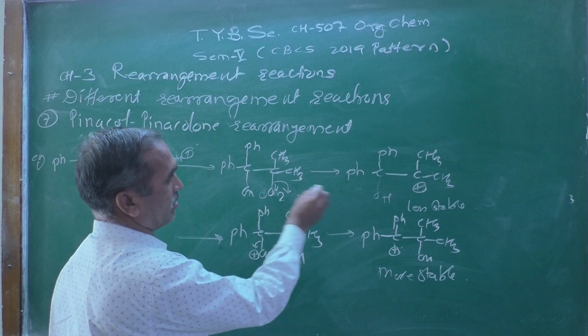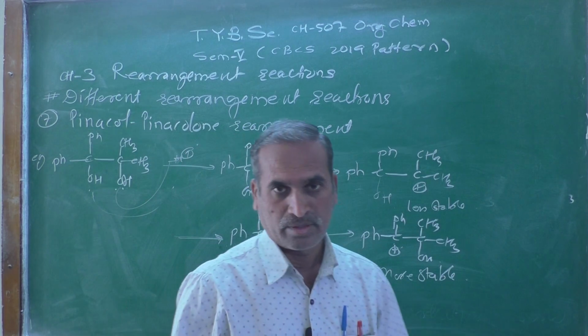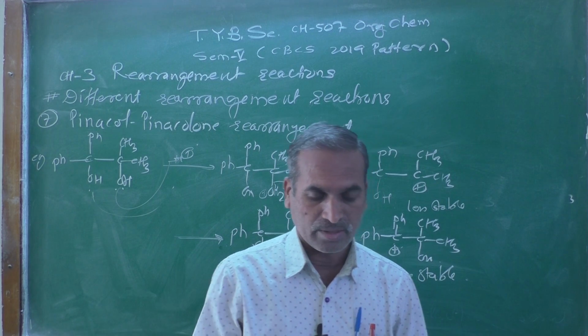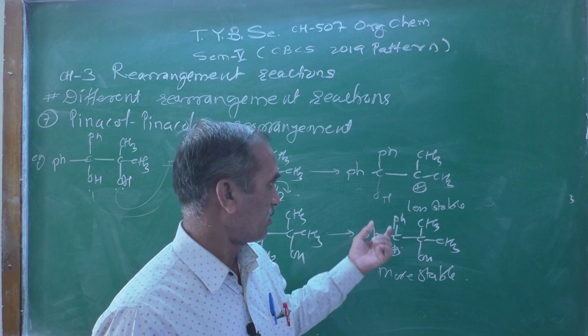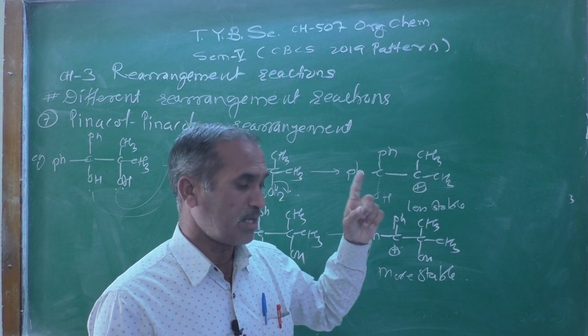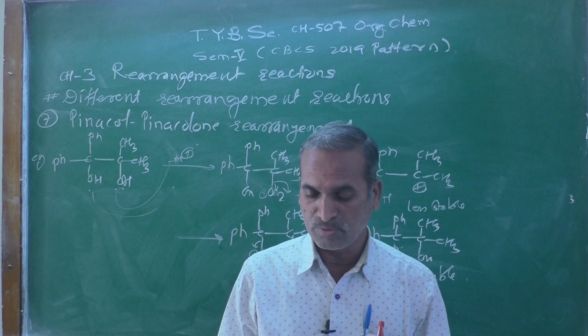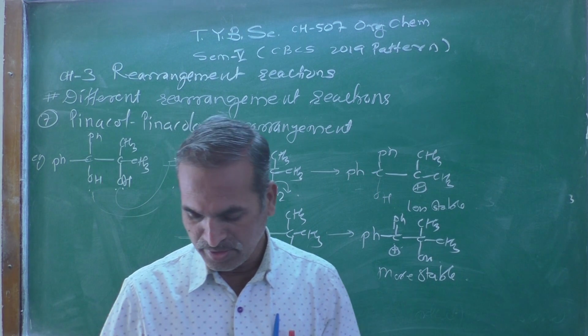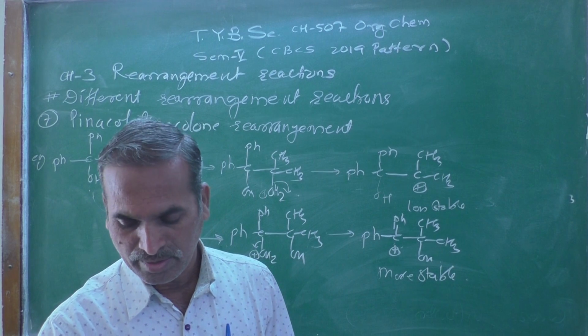But if you look here, this is a tertiary carbocation, no doubt about it, but compared to this tertiary one, this is also tertiary, and in addition there are the phenyl groups, and it gets stabilized more than that one.